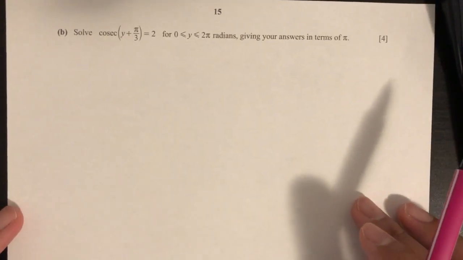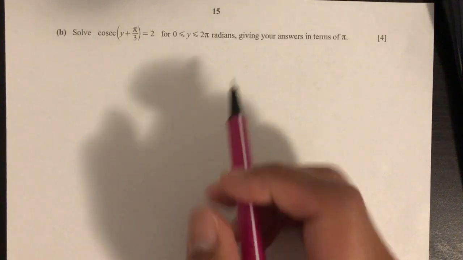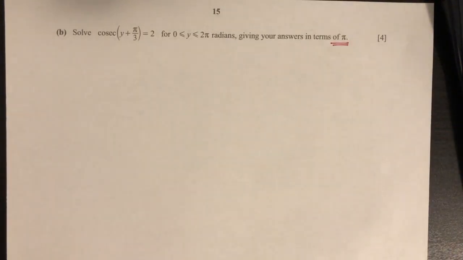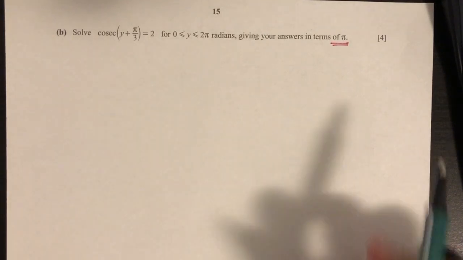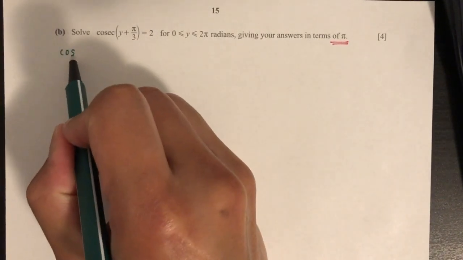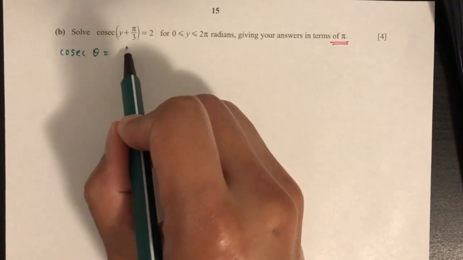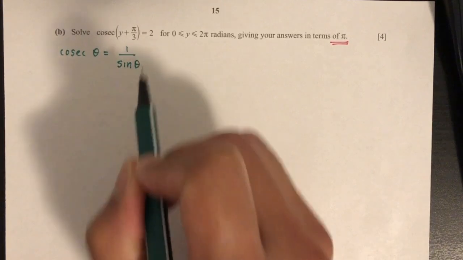So part B says solve this equation in radians, giving your answer in terms of pi. So the first step, we have to know what is cosec. As you know, cosec of, let's say for example, cosec of theta is equal to 1 over sine of theta.